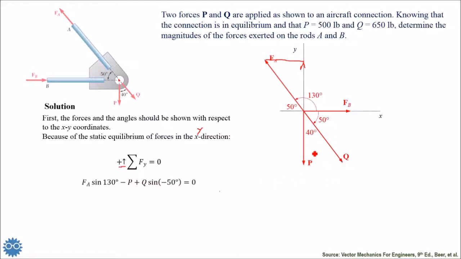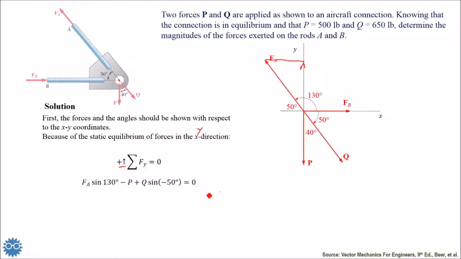Also it could be Q sine 310, by the way. Maybe somebody wants to compute it from the positive x direction counterclockwise, so it will be 310 degrees. It will yield the same value anyhow.